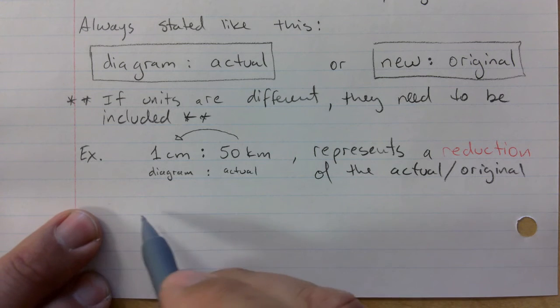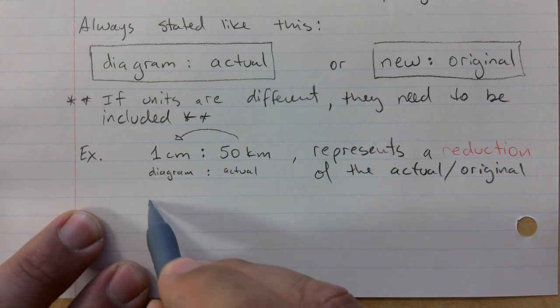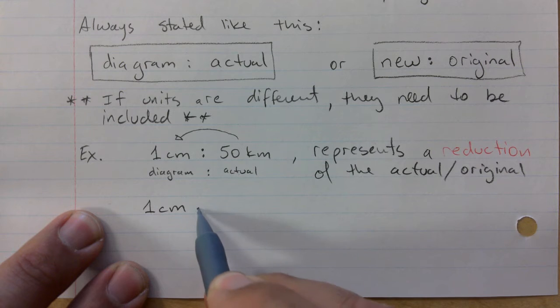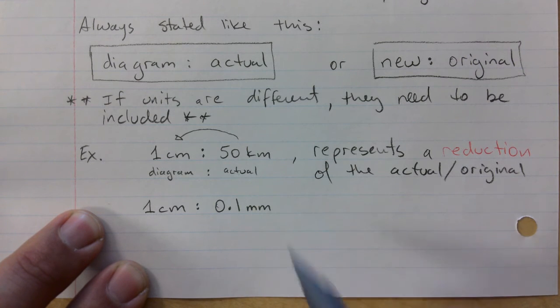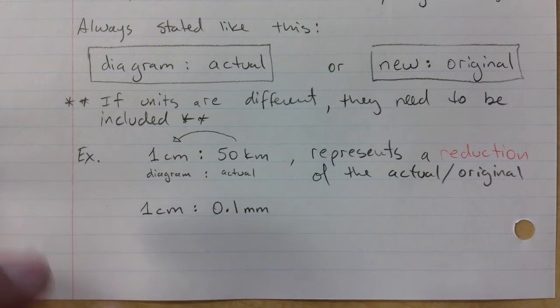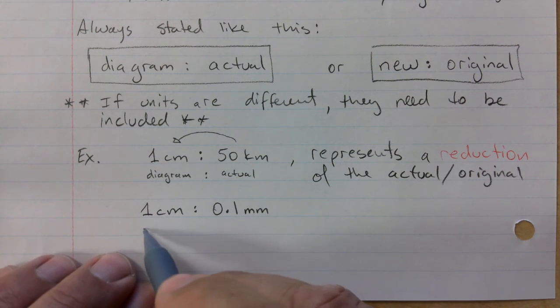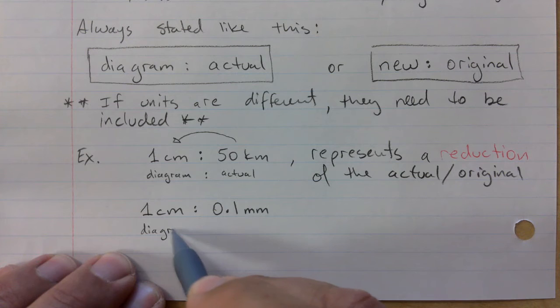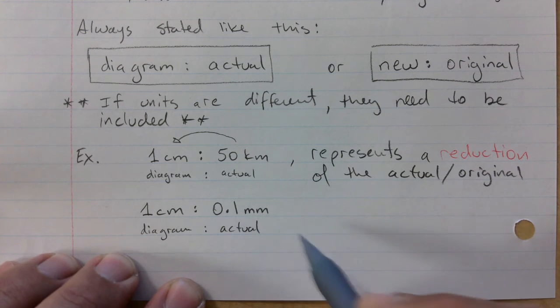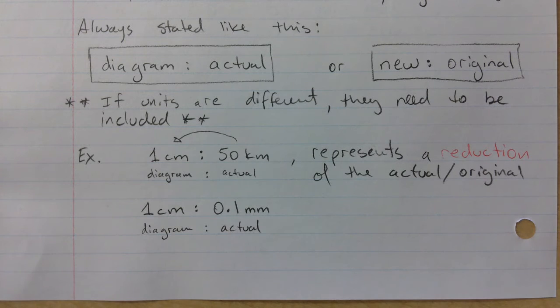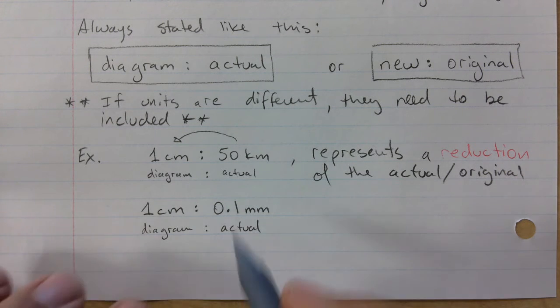Then if you have another example here, where let's say you have 1 centimeter on the left and you have 0.1 millimeter on the right. Again, this is the diagram and this is the actual. So this would be a cell, right? Or something very small that you're zooming in on. Obviously, the diagram would now be an enlargement of the actual object, right?